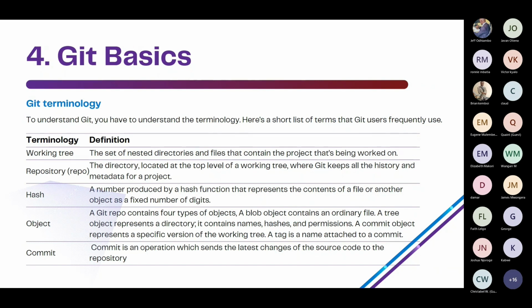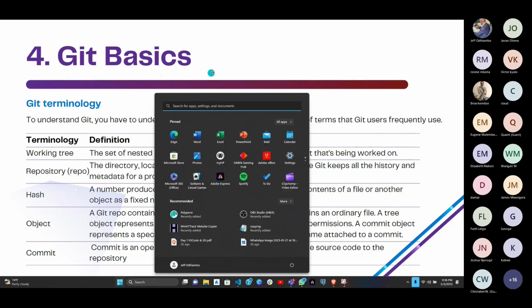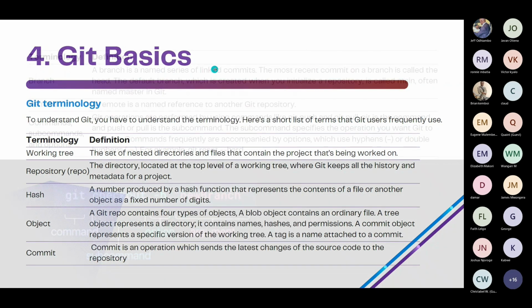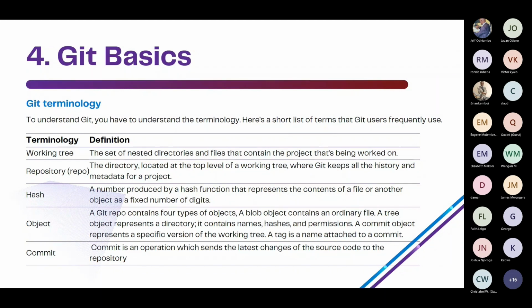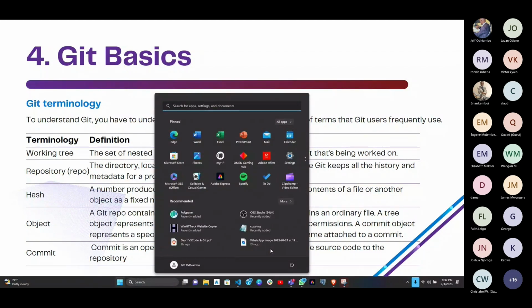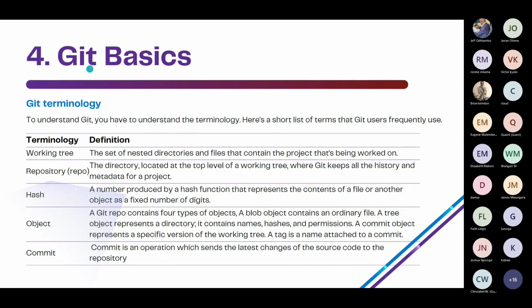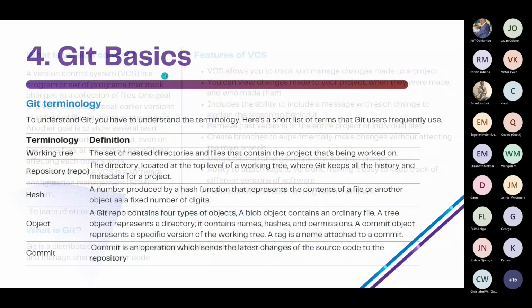I'm sorry to interrupt, but I think your screen is lagging behind. I think we are still on page 1. I don't know if that's a problem with my internet or everyone is facing the issue. Do you see topic 4 on Git? The title is Git Basics. Do you see that? No, I think I'm on page 1 where I see what is Git. I think this is the first slide you started with.